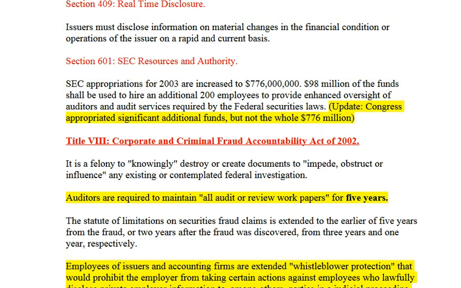Section 601. SEC Resources and Authority.